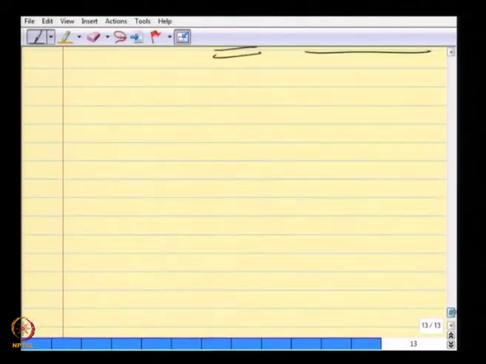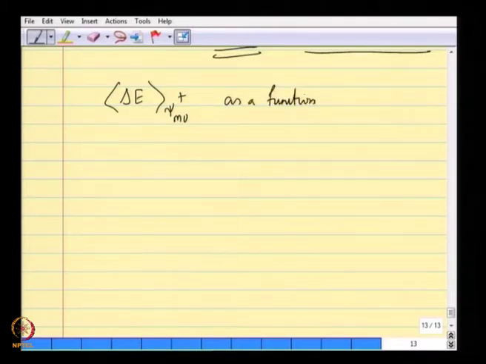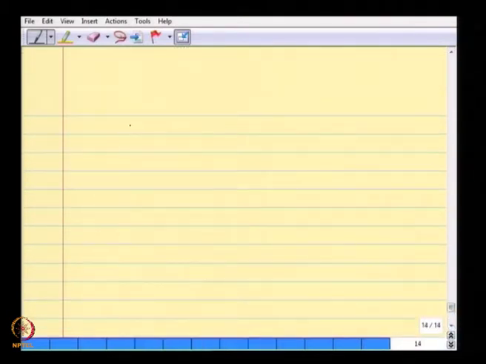They are all fairly straightforward integrals, and when you do that, the final result, delta E for this psi MO plus, as a function of R_AB internuclear distance, can be plotted, and I am going to give you the results that others have calculated earlier.